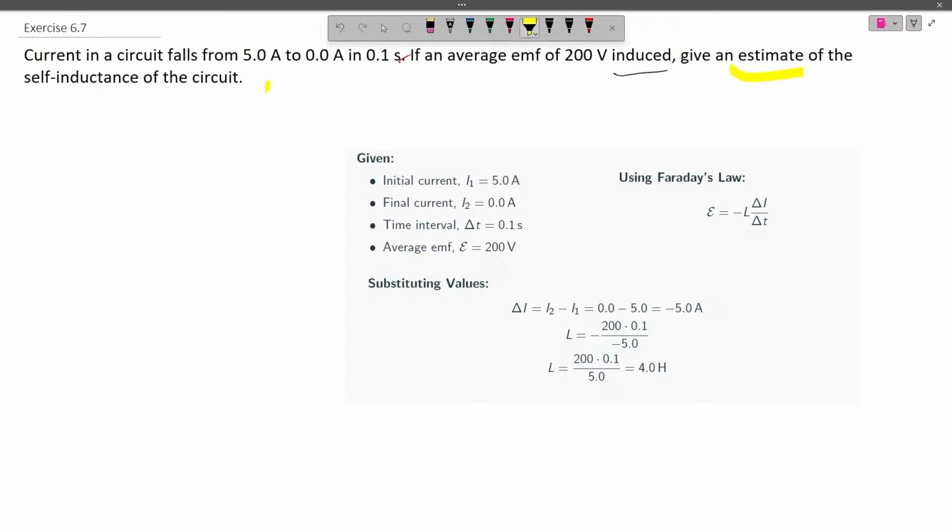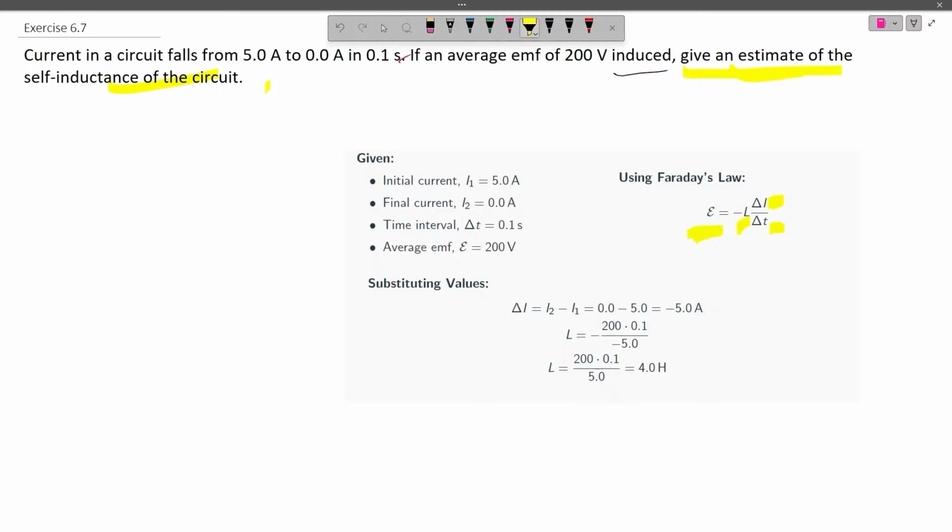Faraday's laws of electromagnetic induction say that induced EMF would be E equal to minus L delta I by delta T, where delta I is the change in current and delta T is the duration in which this change in current has occurred, and E is the induced EMF and L is the inductance of the circuit. Now we have to give the estimate of self-inductance, that is we have to find out the value of L in Henry.